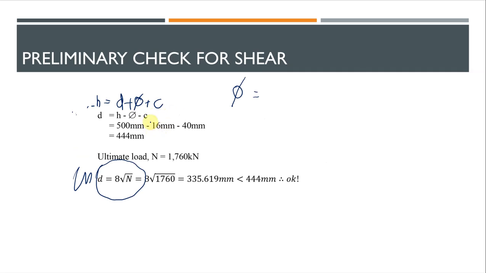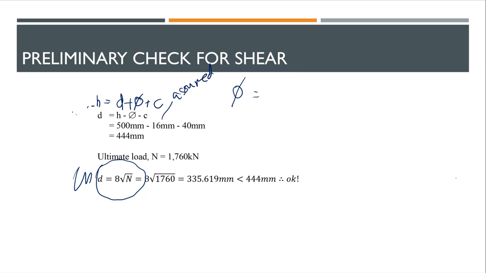So 500, this 600 mm, I assume 500 mm, actually it is what you assume earlier too. And 40 mm is the given concrete cover, not the column width, which is 350. Okay, this is column width, concrete cover. So here I get 444 mm. And then I check using the formula d equal to 8 square root N. N here refers to the ultimate load, not the serviceability load.